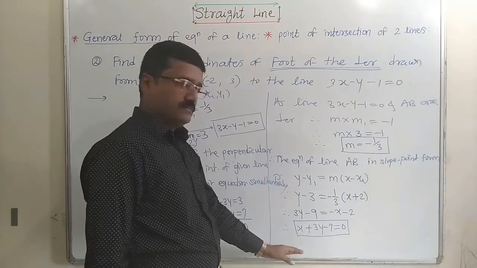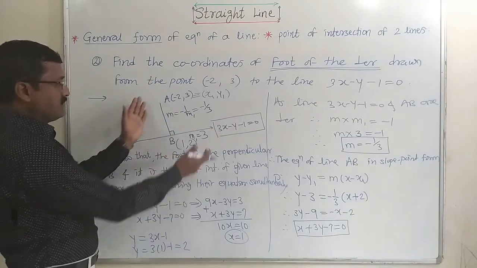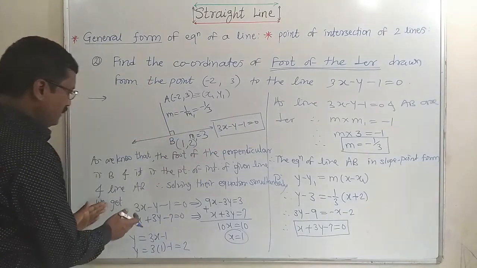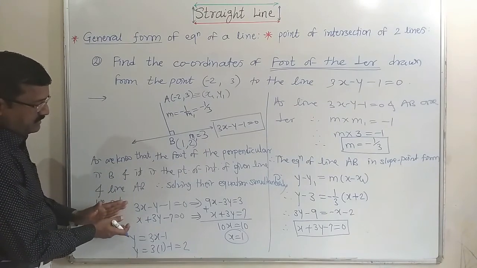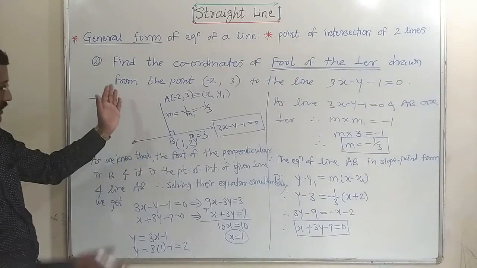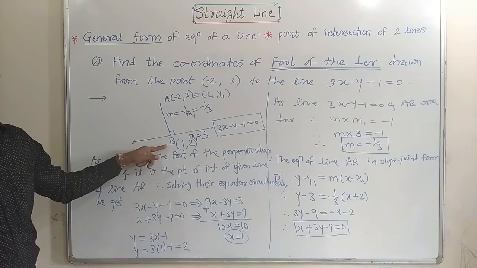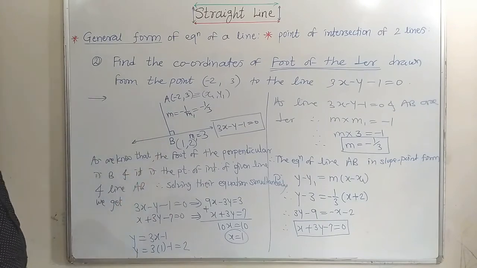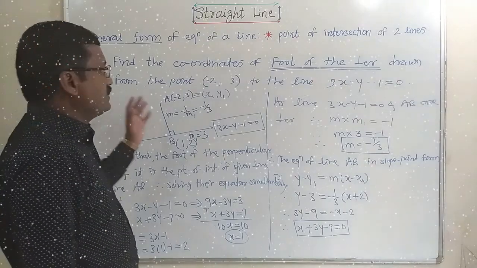Now knowing the equation of line AB and the equation of the given line, which are perpendicular to each other, solving those two equations simultaneously, we get x equal to 1 and y equal to 2, and that will be the point of intersection of these two perpendicular lines, and that is nothing but the foot of the perpendicular. Okay, so this is the way to find the solution of this problem.